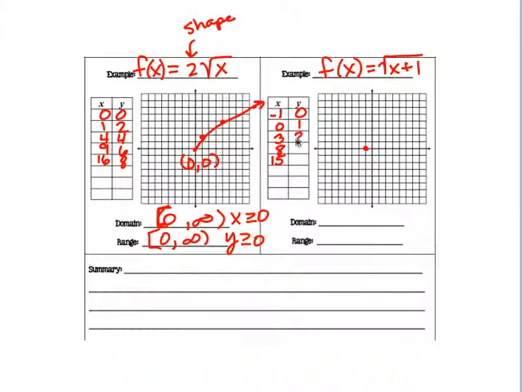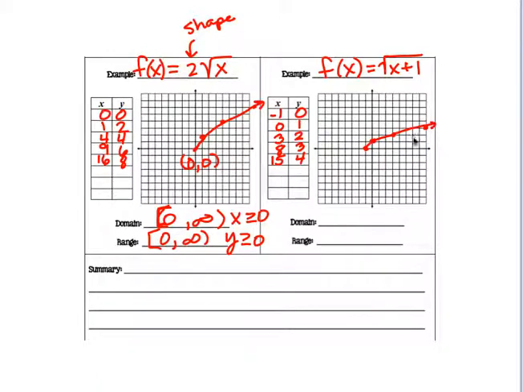If you plug in an 8, you're going to get 3. And if you plug in 15, you're going to get 4. We won't have the room for that last point, but so (-1, 0), (0, 1), (3, 2), and then (8, 3). So this is what your graph looks like.